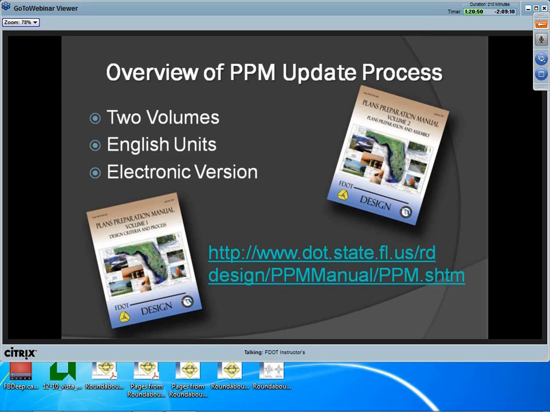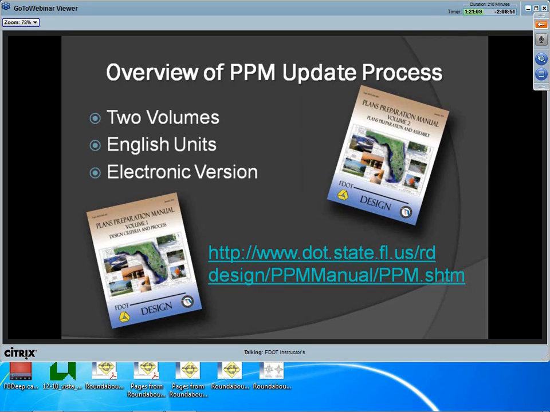As many of you know, the plans preparation manual, also known as the PPM, consists of two manuals. Volume 1 contains design criteria and procedures for FDOT, and Volume 2 covers plans preparation and assembly of the contract plans.